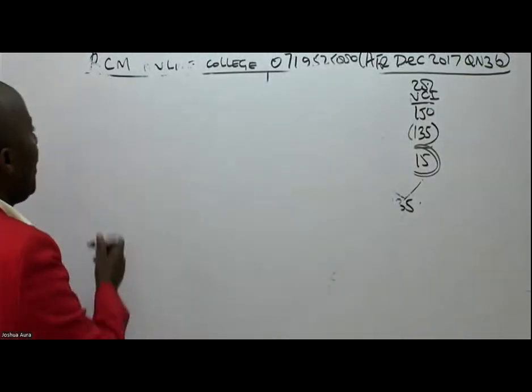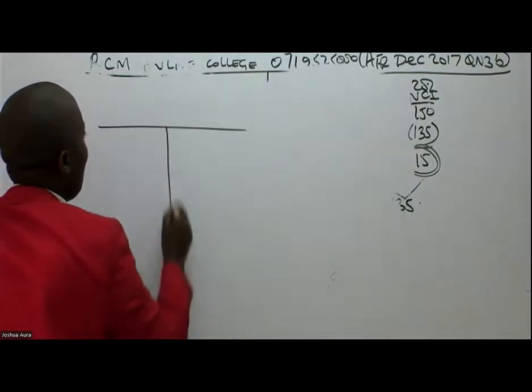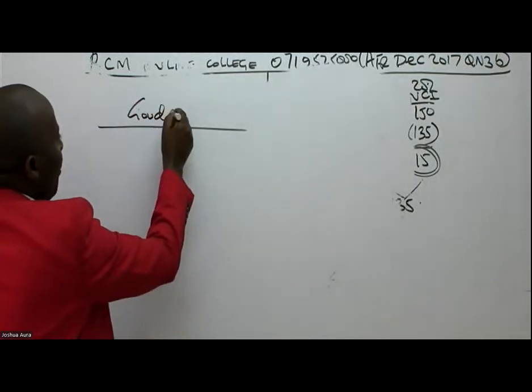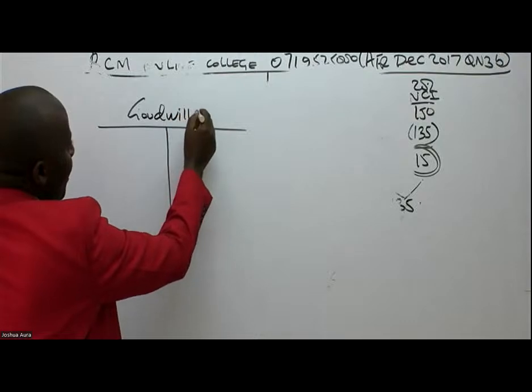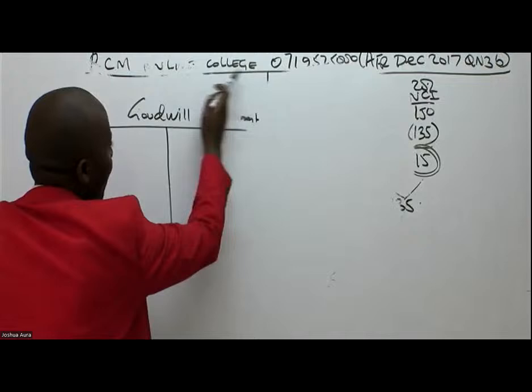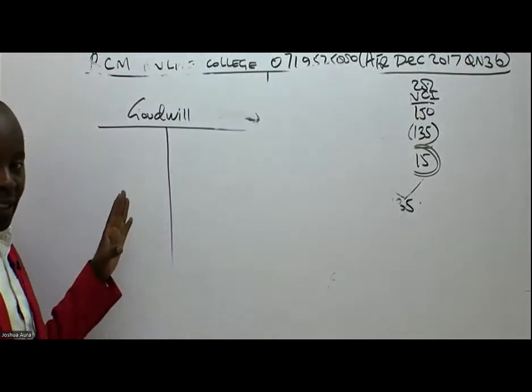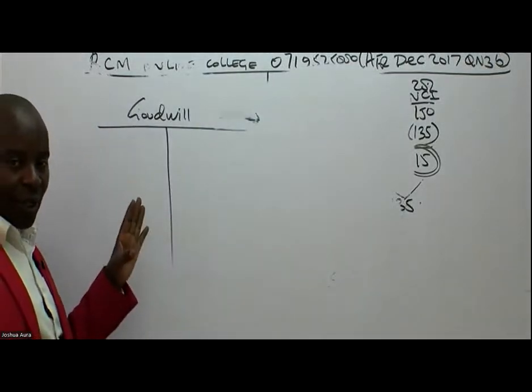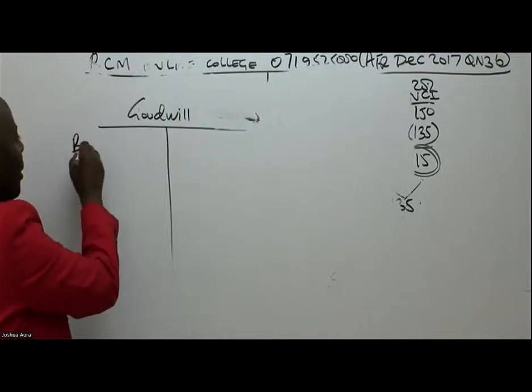So goodwill impaired, if you wish, you can put it in form of a T account. We have goodwill impairment. Look at it, goodwill as an asset first, right? So balance brought down is an asset.